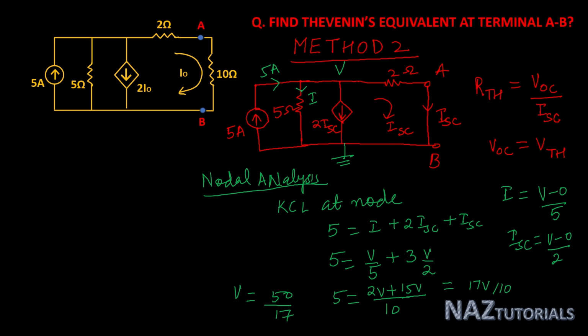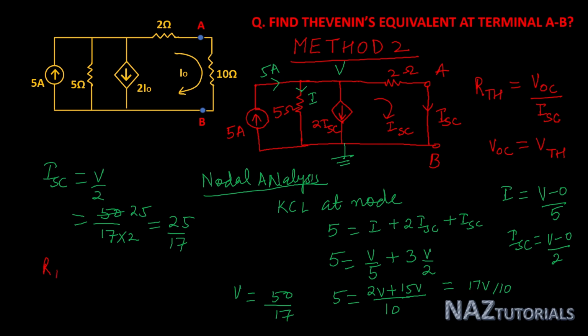Now calculate I short circuit. This I short circuit is equal to V by 2, that is 50 divided by 17 by 2, that is 25 by 17. So now calculate RTH.